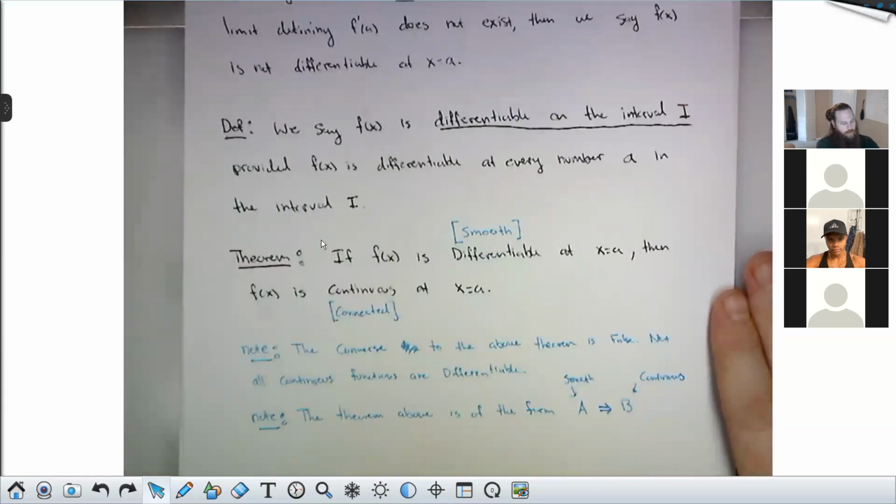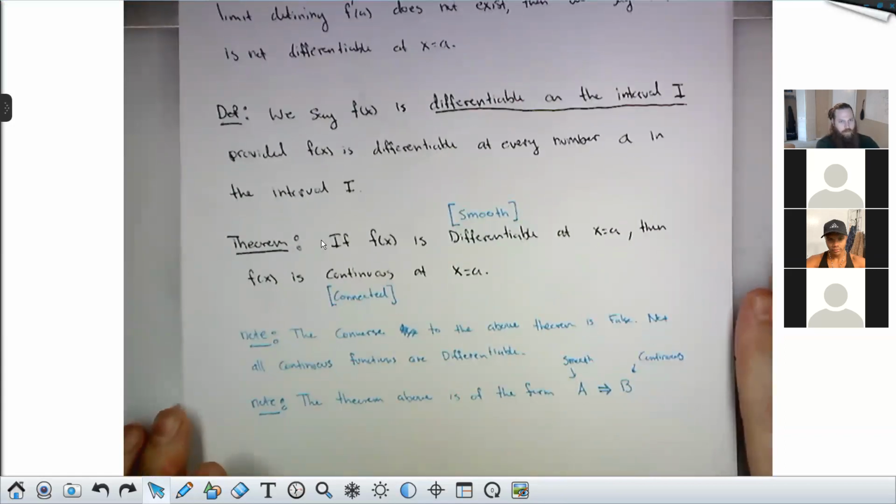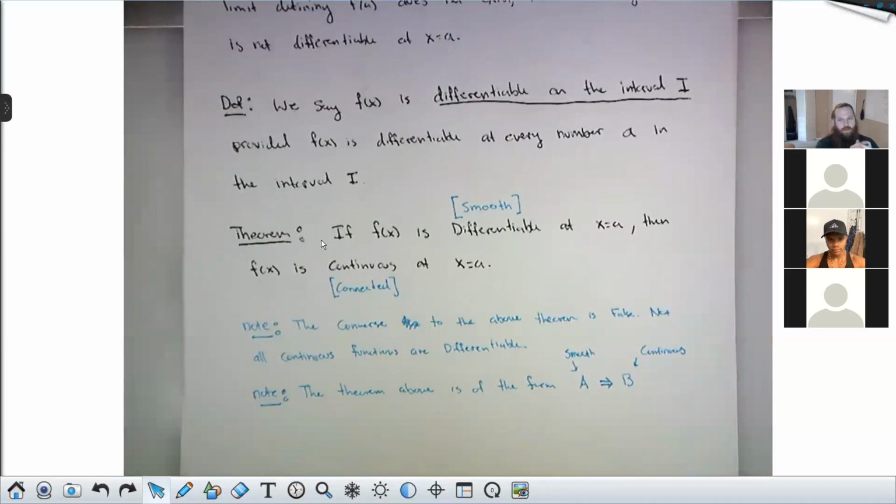And that right arrow, the bold right arrow there, you've seen me use symbols like that a few times in class. This is logical implication, meaning if the statement A is true, then the statement B must also be true.